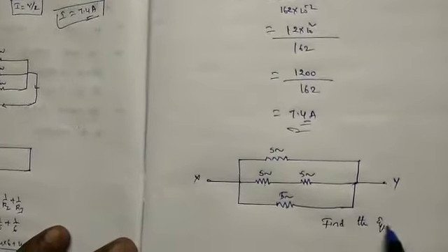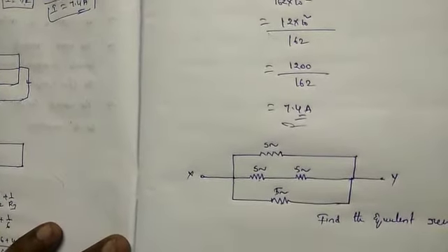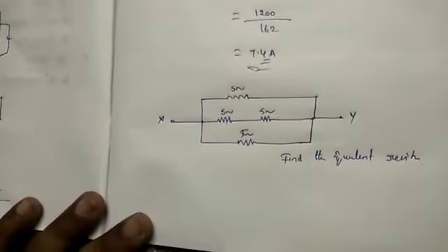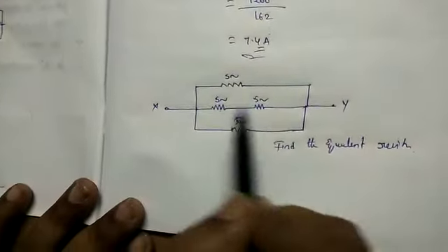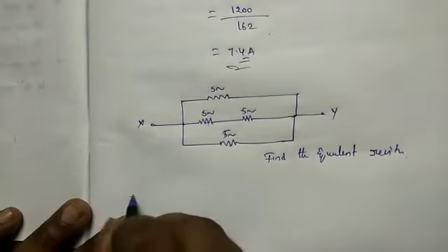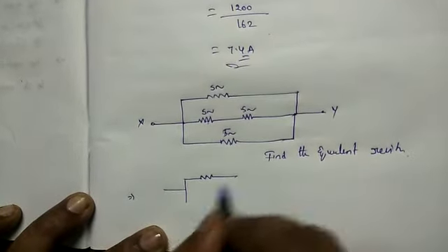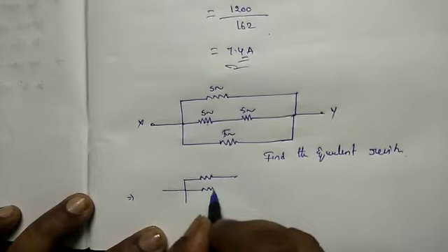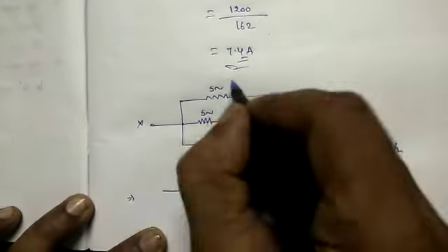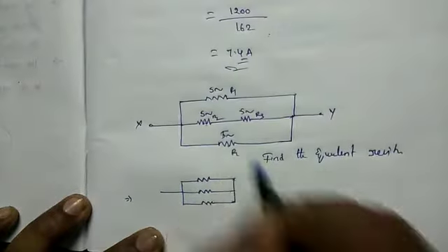Find the equivalent resistance. So how can we find the equivalent resistance? By the parallel and series combination. First of all, using the series combination, we can get one resistance. See like this, this is R1, R2, R3, R4.